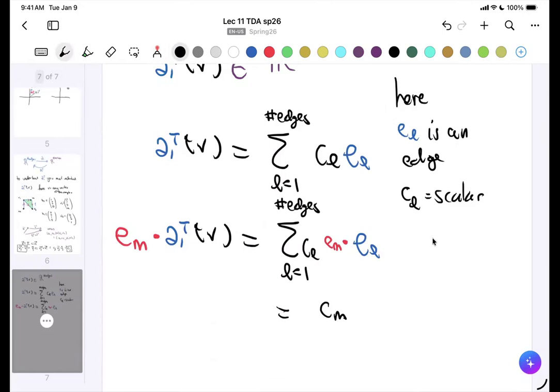I'll just give you the formula for the transpose today, and then next time I'll finish my claim. But we're almost there. So that just gives you Cm. But then what is this dot product? This is the fun part.